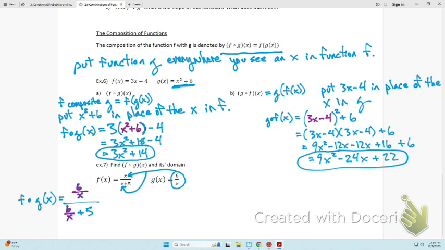I plugged those in place of the x's in function f. Then I need a common denominator in the denominator of the denominator. Need common denominator. So I can combine 5 and 6 over x.